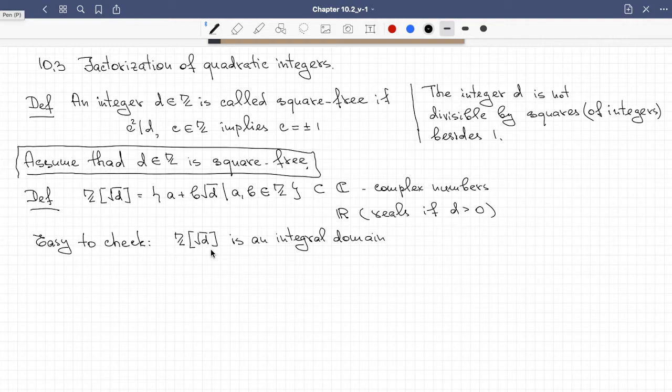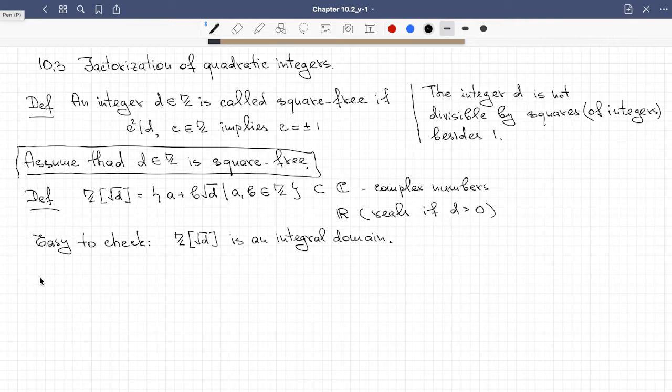We'll study how the fundamental theorem of arithmetic may or may not work in these integral domains. What is instrumental for our study is the presence of a norm.